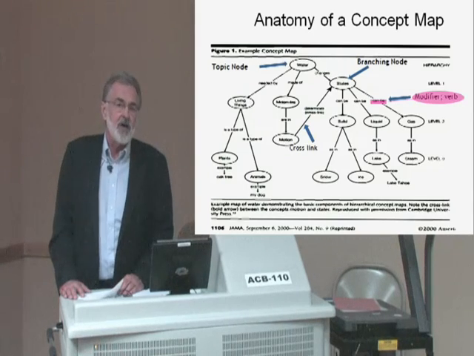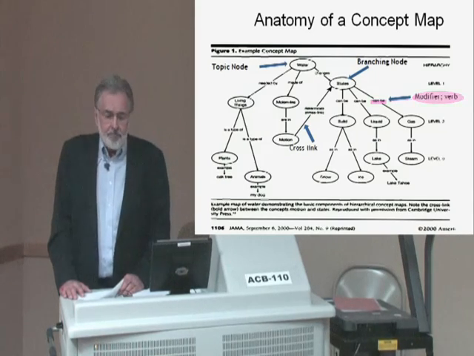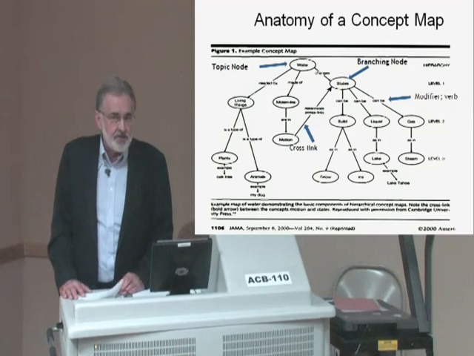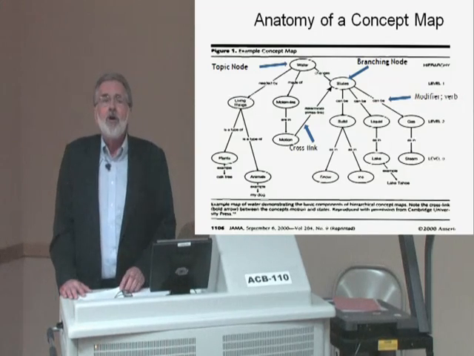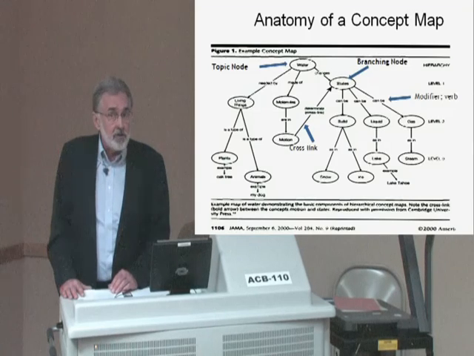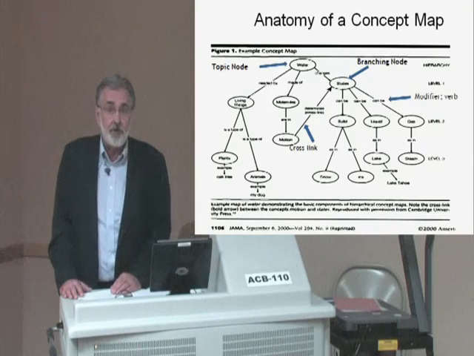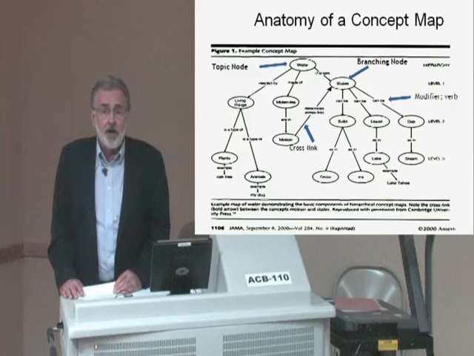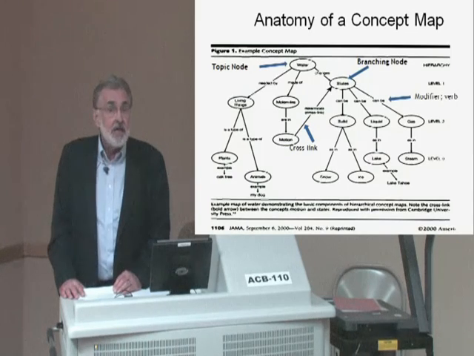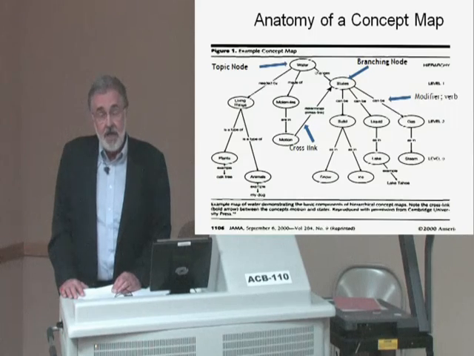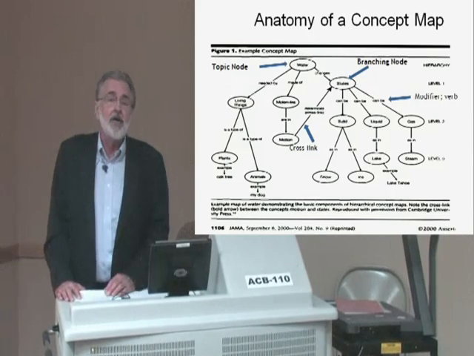I want to call your attention to the modifiers or verbs that are actually written on top of the links or the lines between the nodes. These are not always necessary. If you understand the link very clearly, remember the map is just for you. You can show it to other people and talk about it, but in the end, you're going to be studying these maps for exams based on feedback that I get.